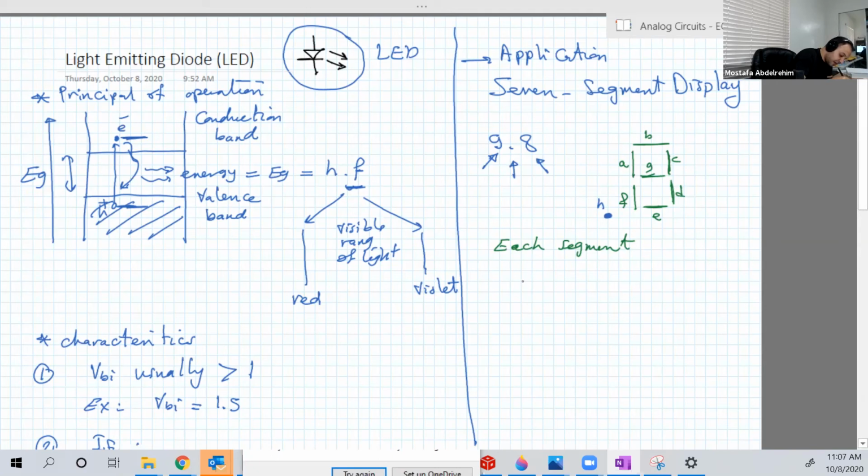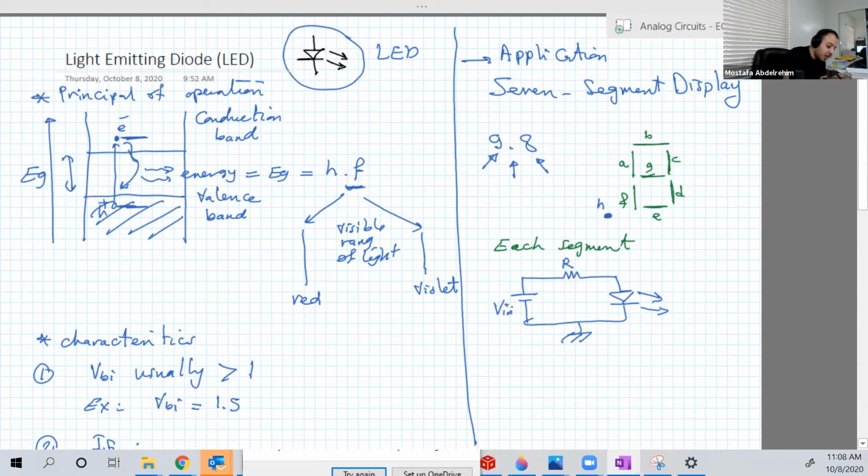So you have a battery, a resistor, and your LED, just something like this. Some battery here, let's call it VN, whatever.